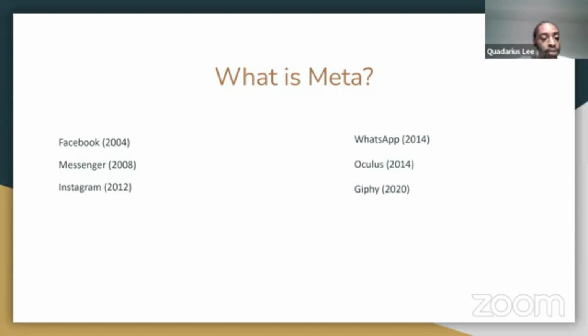Now acquired in 2014 for $2 billion. Oculus is essentially a virtual reality headset. Most of you guys already know what that is. Giphy is a platform that has GIFs. A GIF is a picture that has slight movements like a video, but lasts only about 2 to 3 seconds.